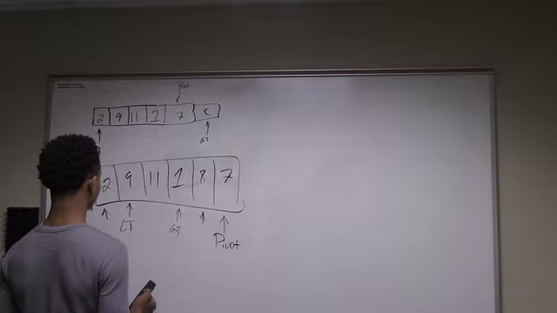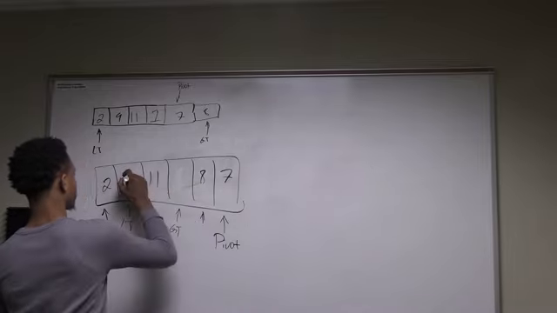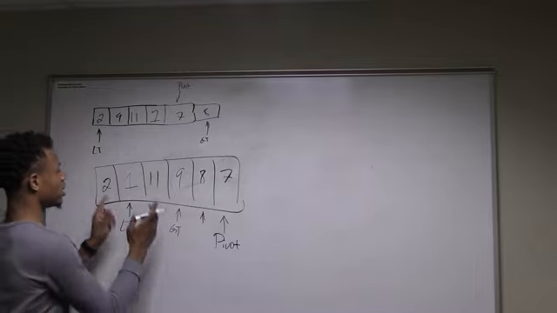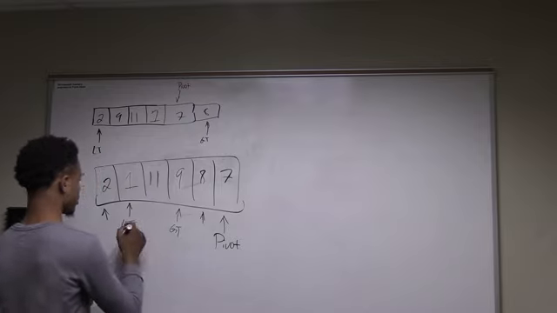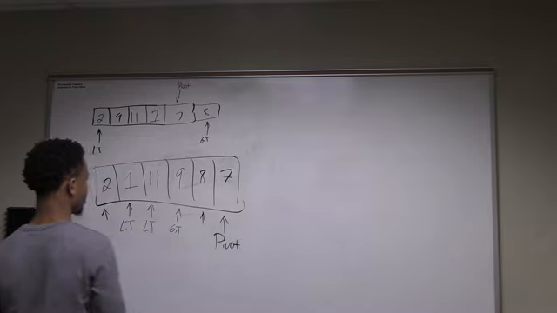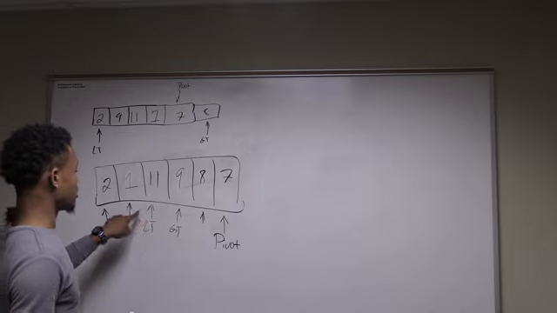So now 1 will be here, and 9 will be here. So that holds. We can increment less than or greater than, doesn't matter which one. Less than is now 11, so it stops.